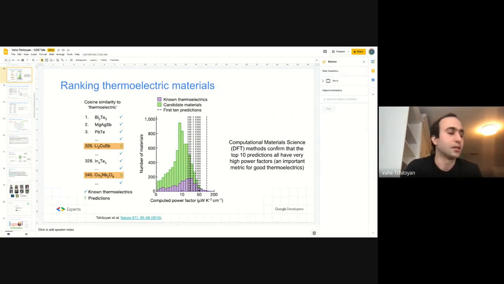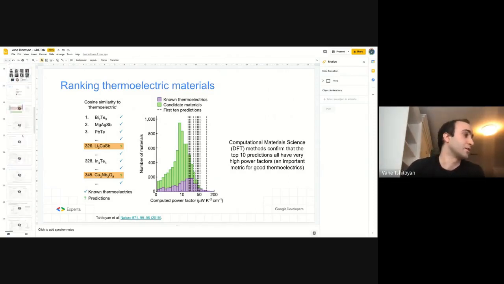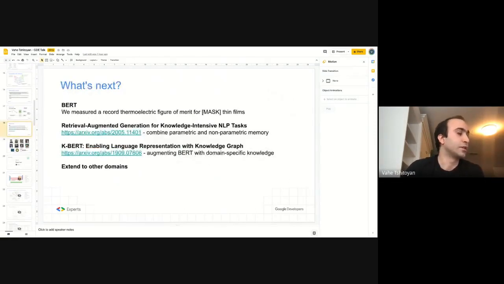So I think methods like this could potentially be useful here, where you combine some kind of knowledge graph that you could build using those X-ray diffraction patterns or additional modalities with your language model, like Word2Vec or BERT, and then make it aware of this and do the predictions.